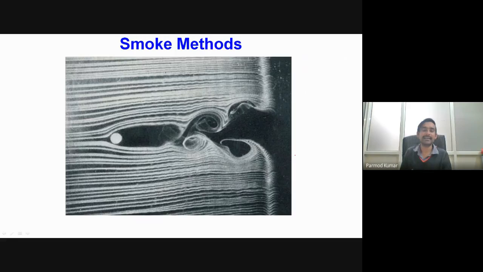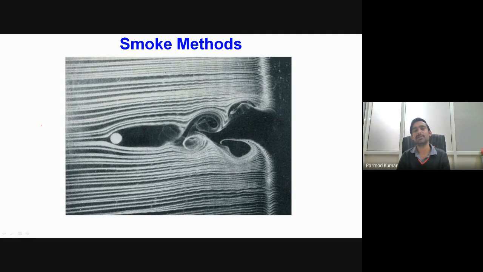Okay, then another method which can be employed for flow visualization is a very simple method. In this method, we can inject smoke particles into our flow field, and these smoke particles will be traveling in our flow field, and now we can record the path of these smoke particles, and based on that also we can try to visualize our flow field.